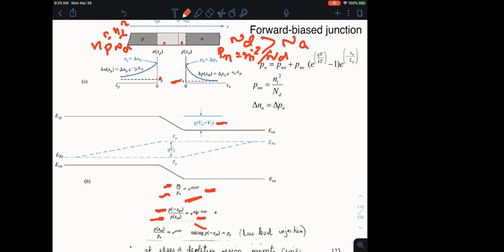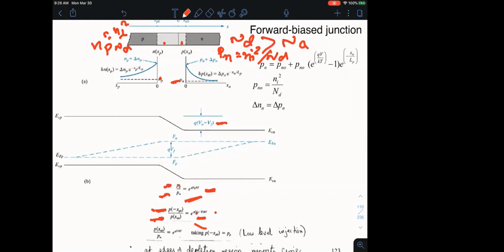Why is it a lower number? Because it's now e to the lower value, V naught minus VF. So the ratio becomes exponentially lower. Then the question arises, is the ratio of the majority to minority carrier concentration lower because the numerator goes down, or the denominator goes up, or maybe some combination of the two?